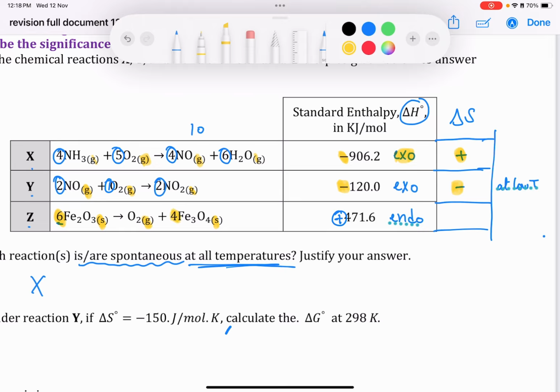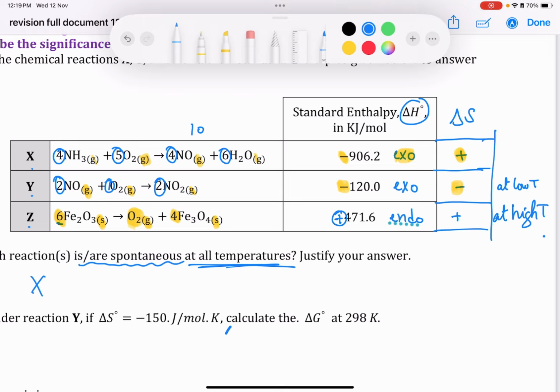So it's becoming more random, more disorder. Specifically, I have less solid and I have more gas. So here it is increasing. By the way, when both of them are positive, the reaction would be spontaneous at high temperatures.